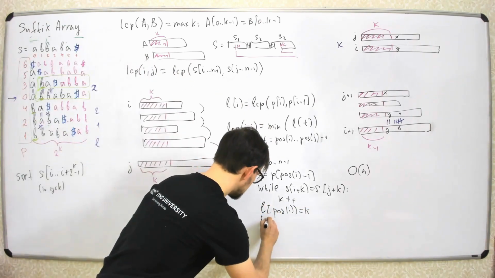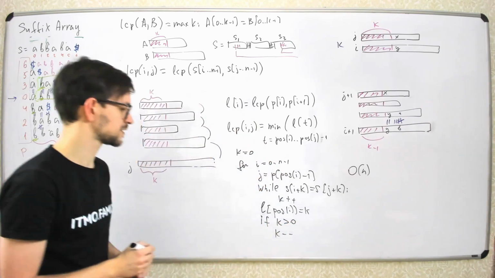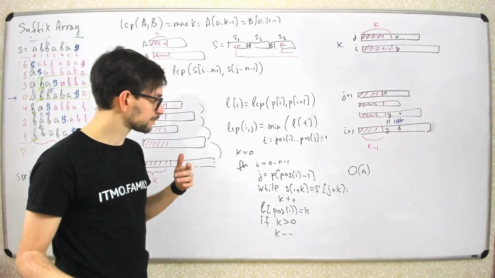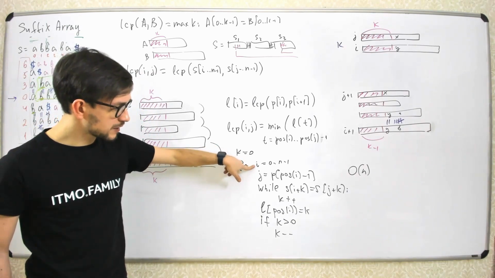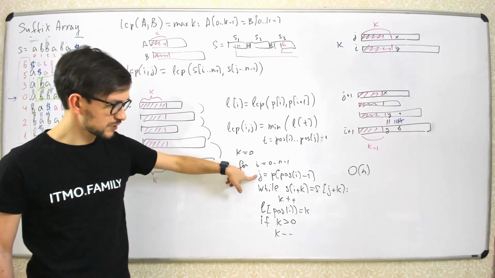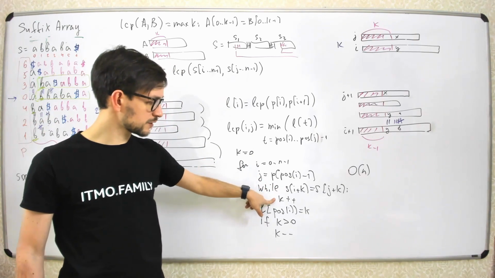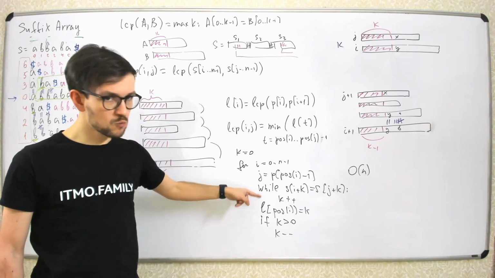And now if k is greater than 0, I decrease it, like this. That's the whole code basically. So again, I take my suffix, take the previous suffix, greedily skip all the equal characters, assign this value as LCP, and move to the next stage.